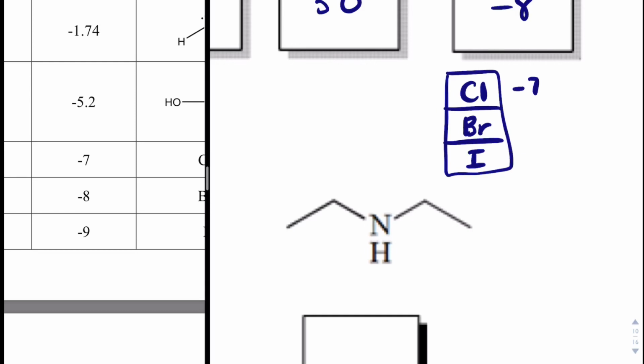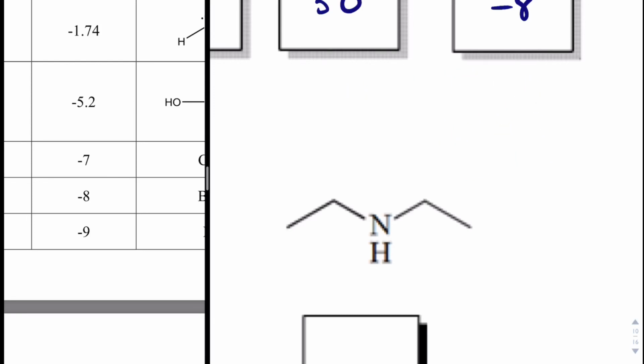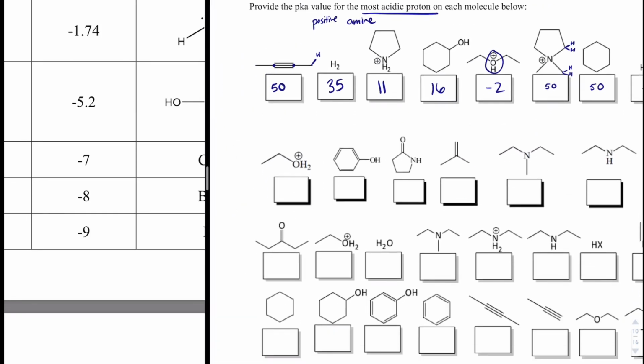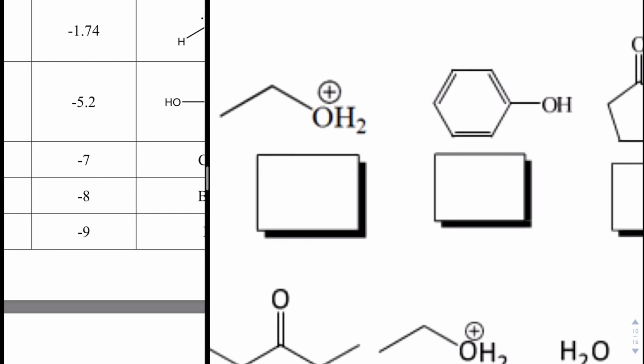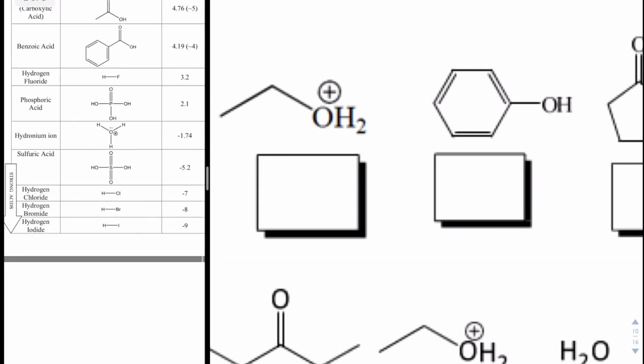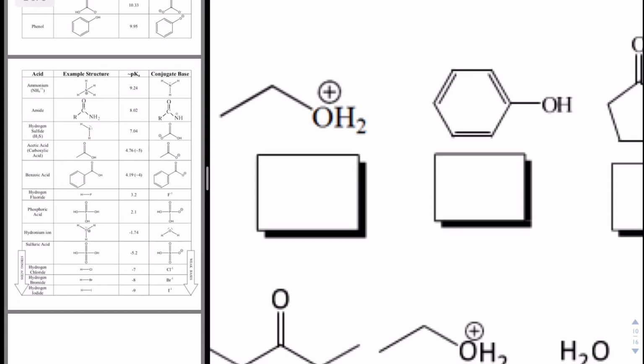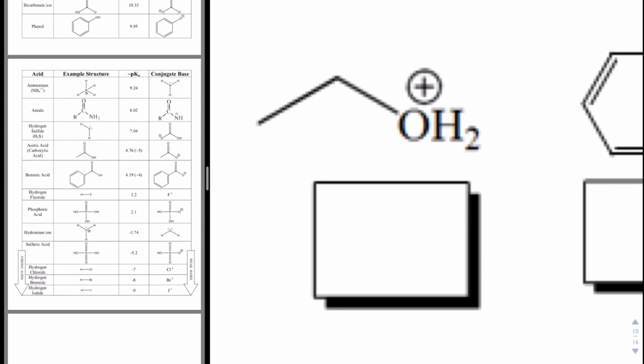Chlorine's -7, and chlorine's atomic number is 17, so those 7s are kind of not hard to memorize. Bromine's -8 and iodine's -9. So when I was in college, that was sort of a clever way that I used to memorize those. But like I said, on the test, you will be able to use this pKa table. Okay, it'll be the last page on your test.